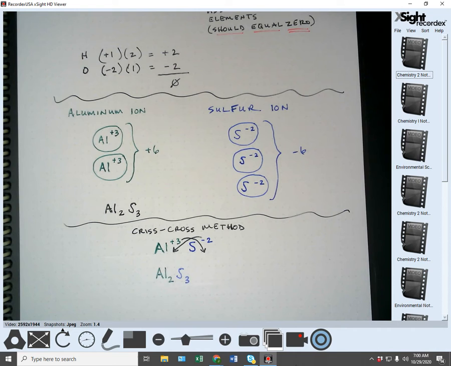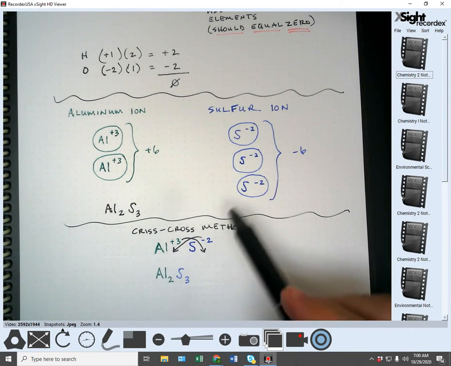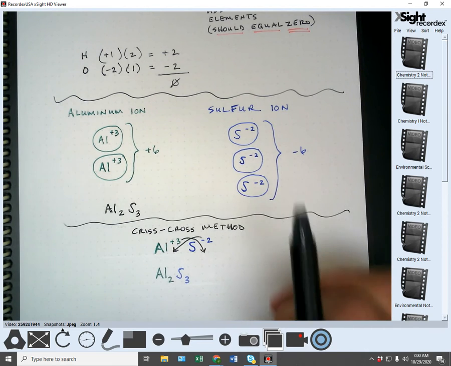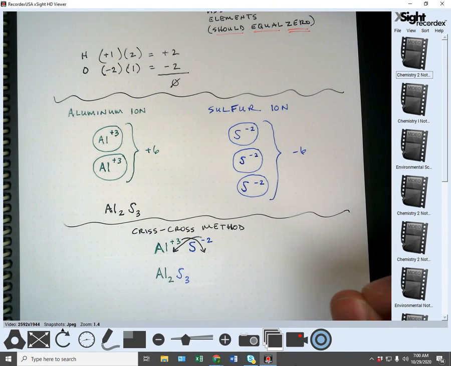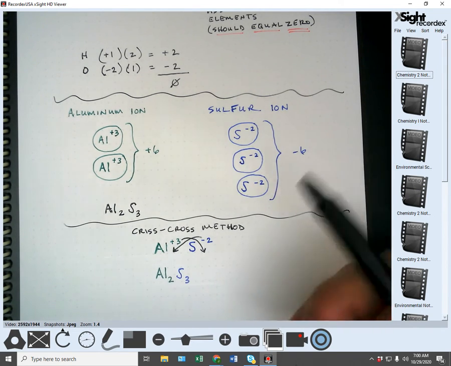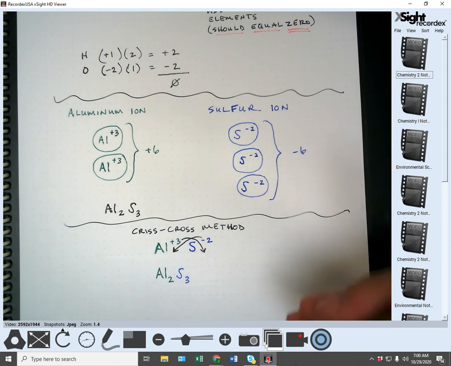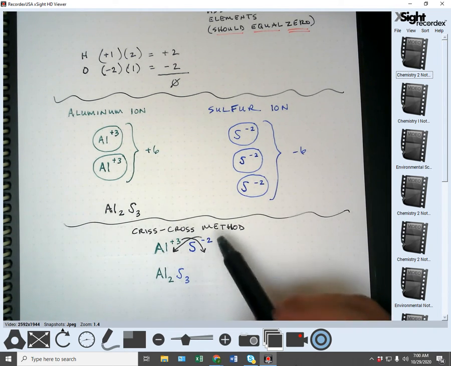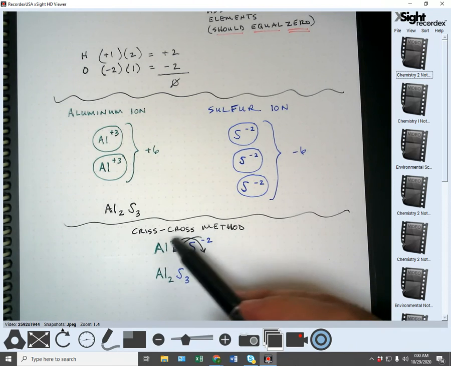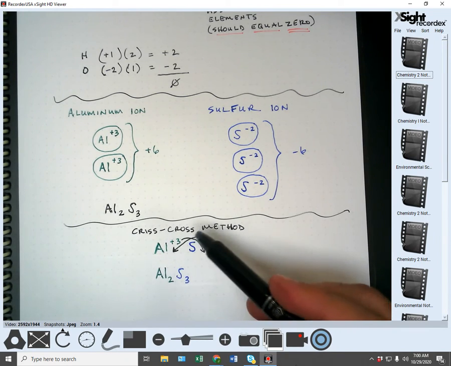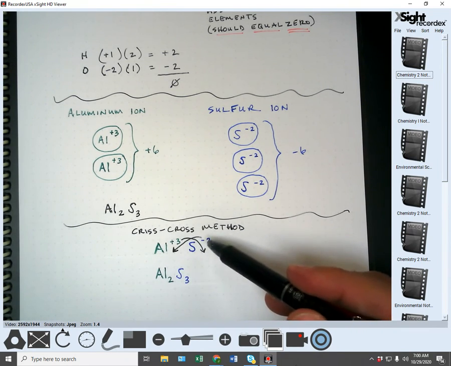Okay. Now, it's very important for you to understand that this is, I don't know if I want to call it a trick, but it's a method. It's a method of figuring out the ratio. So when the numbers are up here, they represent charges on each individual ion.